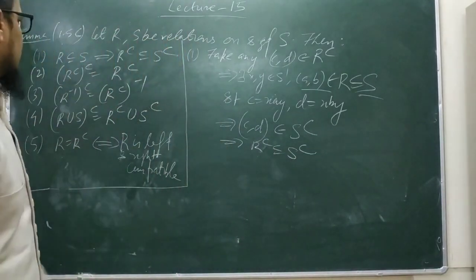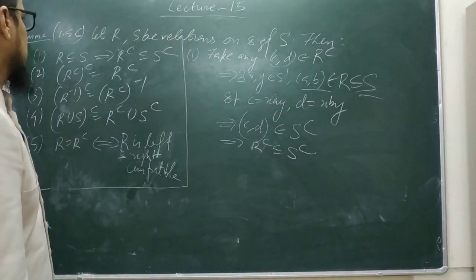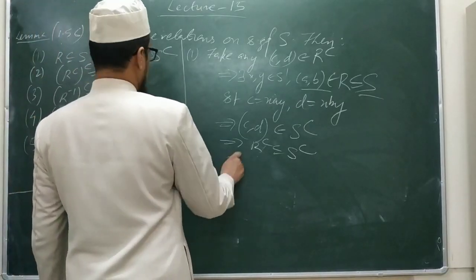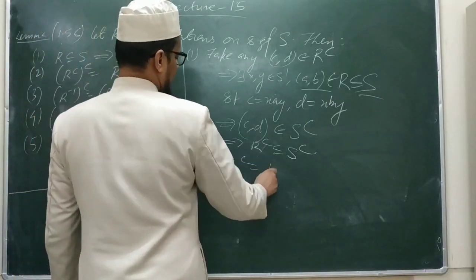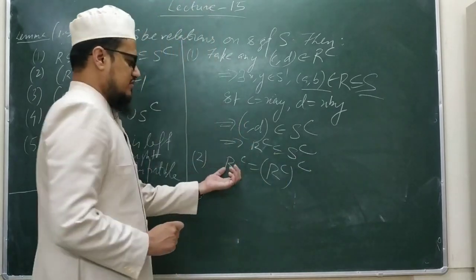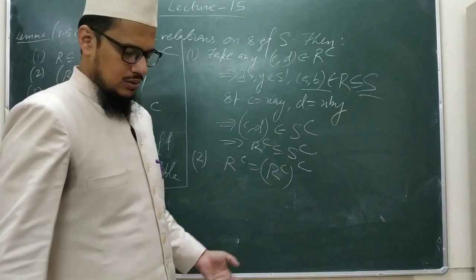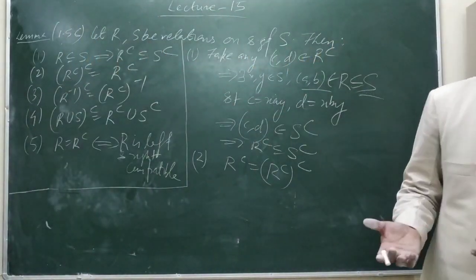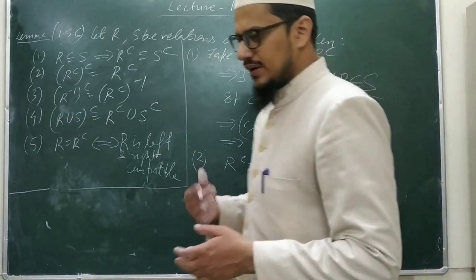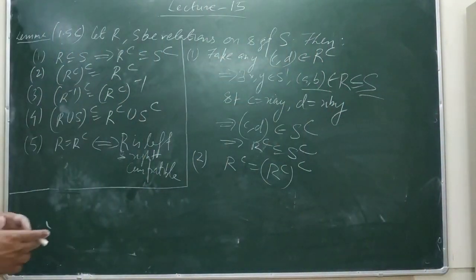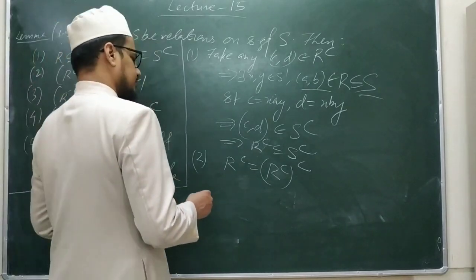Now see the second part, RCC. Basically we have to prove that two sets are equal. This is set A, this is set B. So we have to prove set A is contained in set B and set B is contained in A. Then only do both sets become equal to each other.